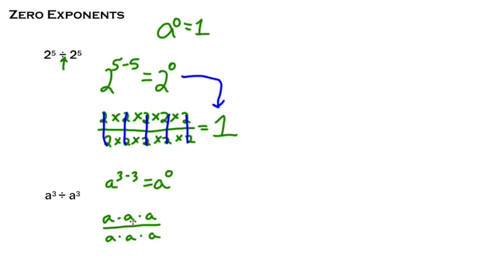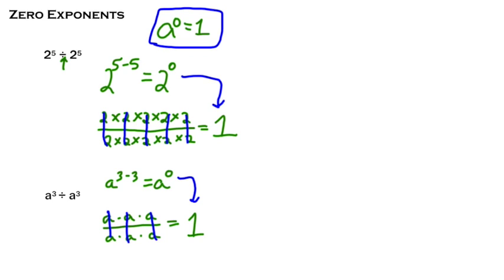So we could see anything divided by itself, right, is going to equal 1. And if we were to cancel out those values, in case you didn't see that, you see that everything cancels and we're left with a value of 1. So again, we see that law of zero exponents, that anything raised to the power of 0 equals 1.